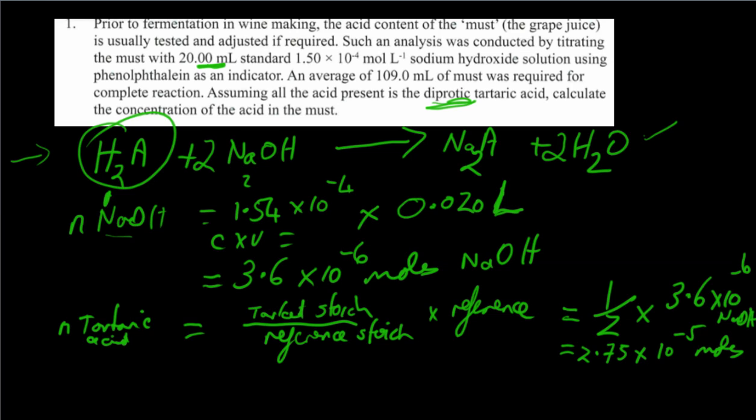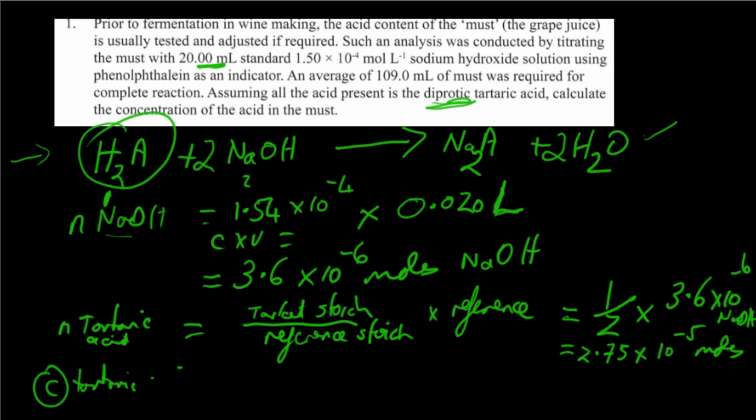So now we go to finally calculate our concentration of tartaric, which is equal to 2.75 times 10 to the minus 5 divided by, sorry, let me go back, getting ahead of myself.